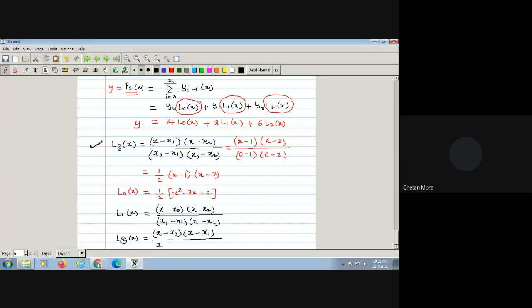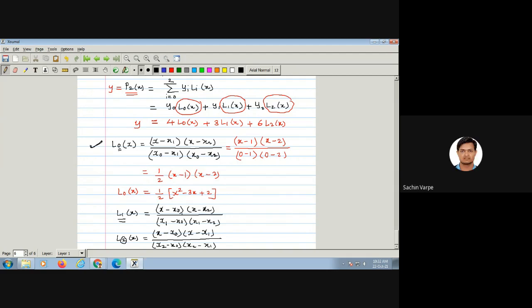Is this okay now? Yes, sir, that is very easy. Just get the theme: while defining L0 we exclude x minus x0, while defining L1 we exclude x minus x1, and while defining L2 we exclude x minus x2. Okay.